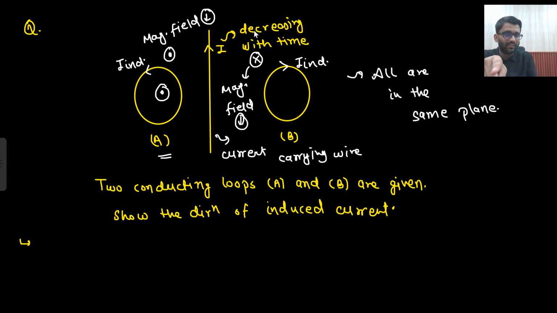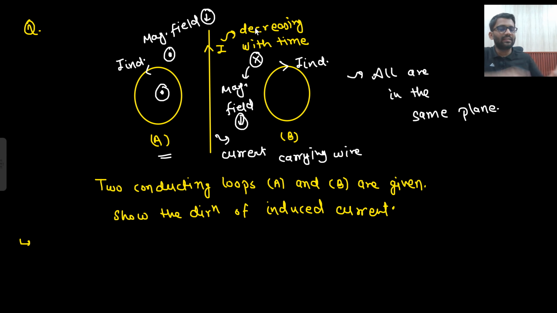If the current was increasing with time, that means in this direction the magnetic field would have increased, so then the answer would be opposite. So always you need to check whether it is increasing or decreasing. If my magnetic field is decreasing, then the magnetic field because of the induced current should be in the same direction only. And if my magnetic field is increasing, then the magnetic field because of the induced current should be in the opposite direction. Is that clear to you?